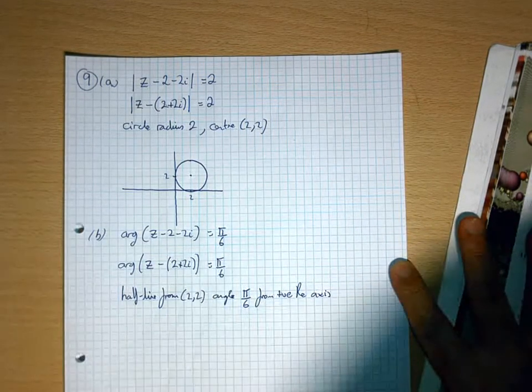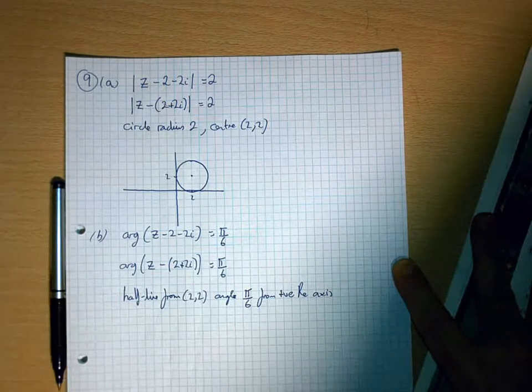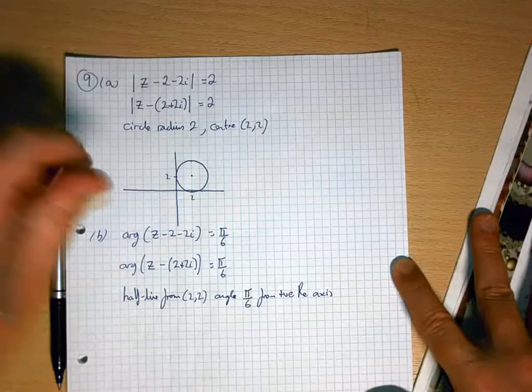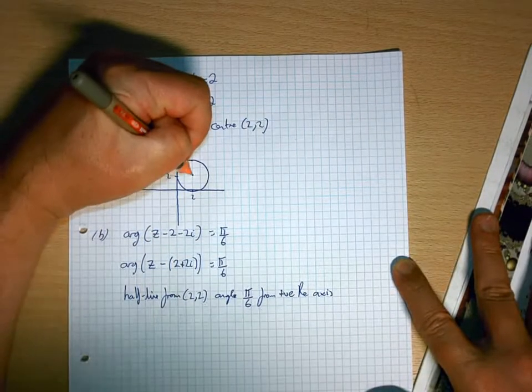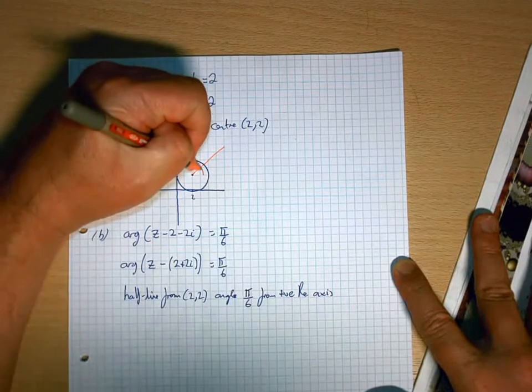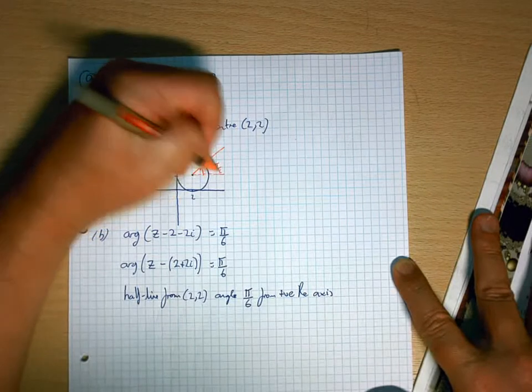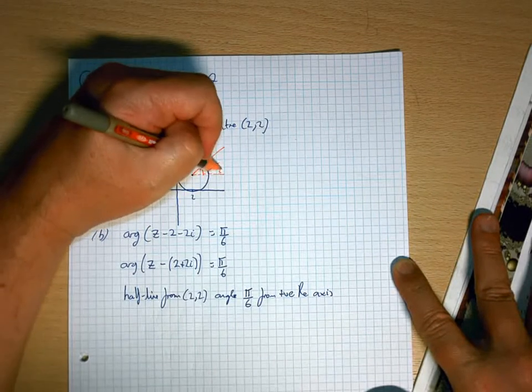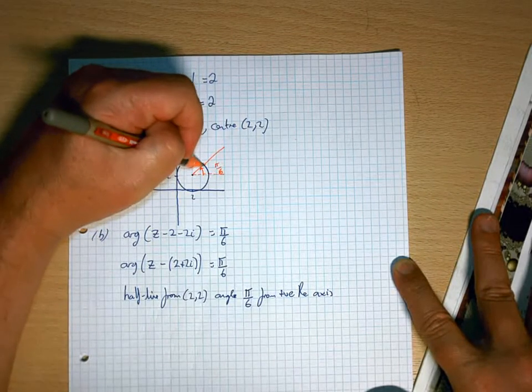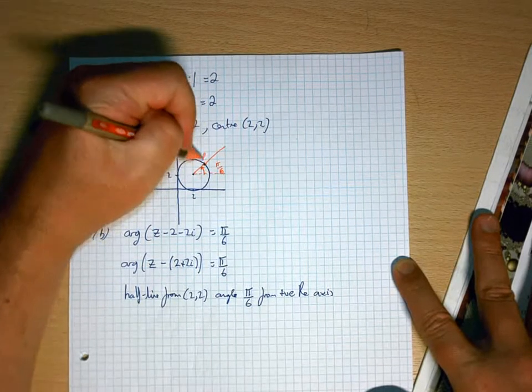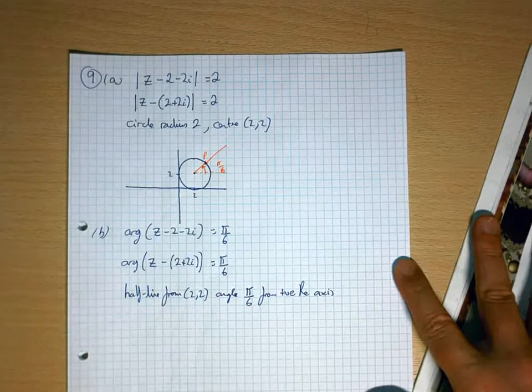So just to sketch that on, it's going to start there and it's going to scoot off with that angle there being pi by 6. So this point here is what I'm interested in, where the two loci intersect.